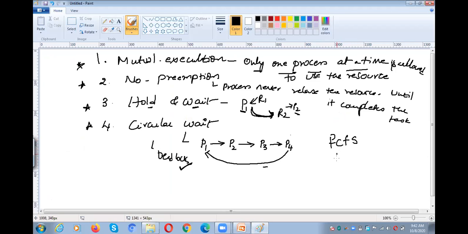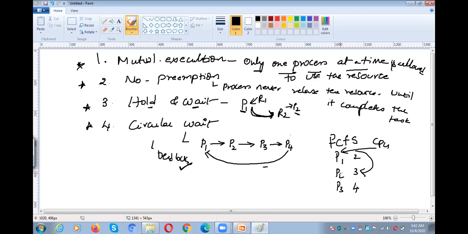For example, there are three processes P1, P2, P3. P1 requires 2 milliseconds of CPU time, P2 requires 3 milliseconds, and P3 requires maybe 4 milliseconds. So we allocate the CPU to P1. After 2 milliseconds, P1 completes its task, and only then we switch the CPU from P1 to P2.